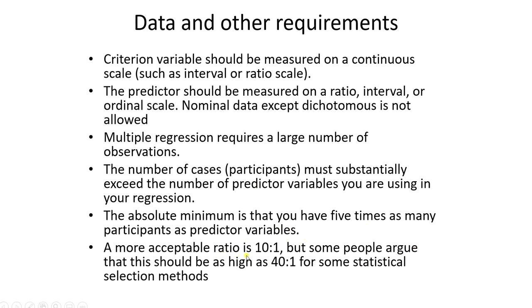A more acceptable ratio is 10 to 1. But some people argue that this should be as high as 40 to 1 for some statistical selection methods. So we must have a continuous criterion.